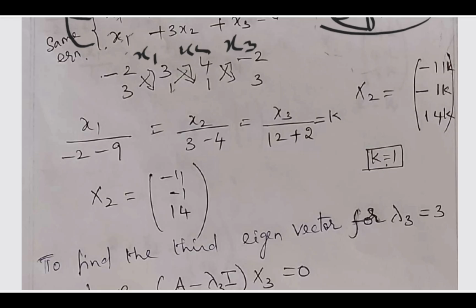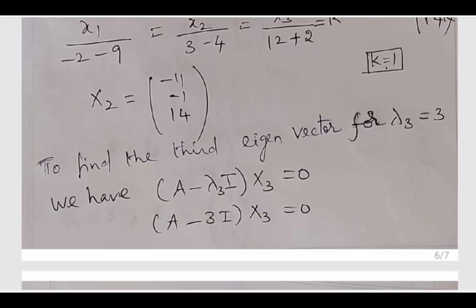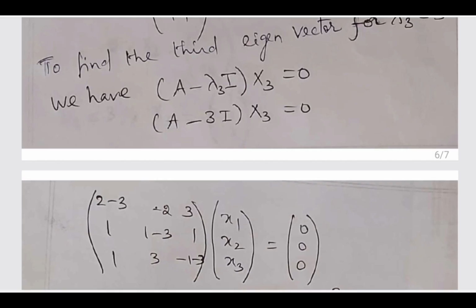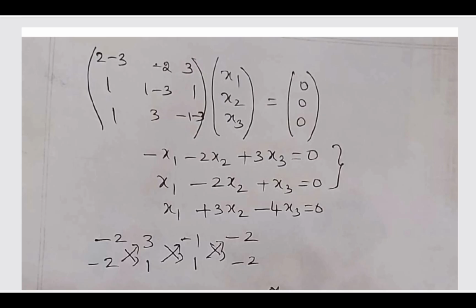Okay. Now for the third eigenvalue, lambda 3 is equal to 2, we have to take the same way. So I have written A minus lambda 3 into I into x3 is equal to 0. So it is A minus 3I into x3 is equal to 0. And I have substituted all the matrix elements, with x1, x2, x3 equal to 0, 0, 0.